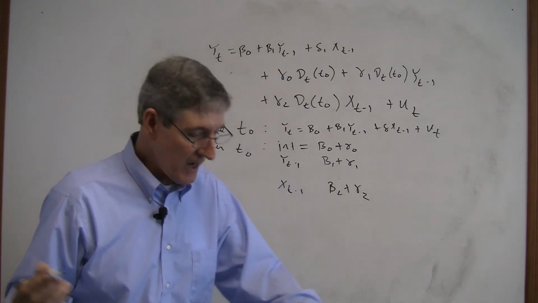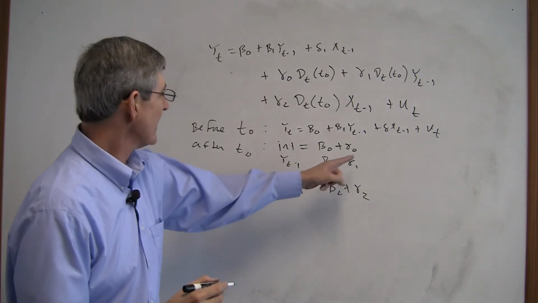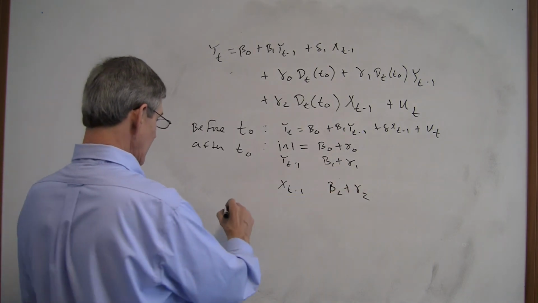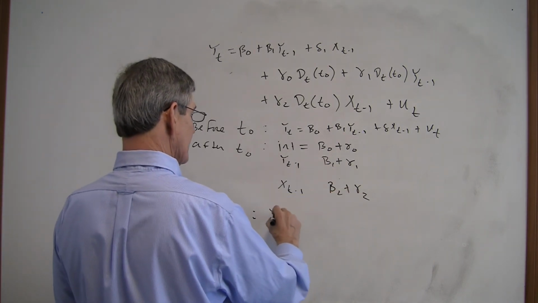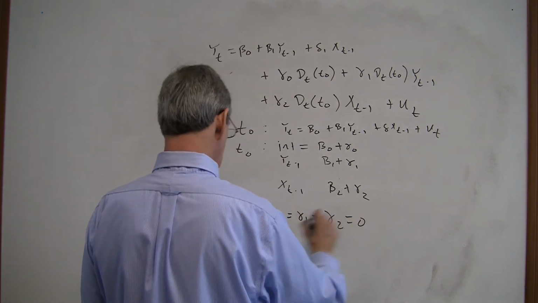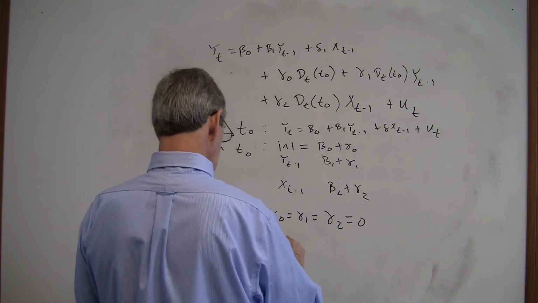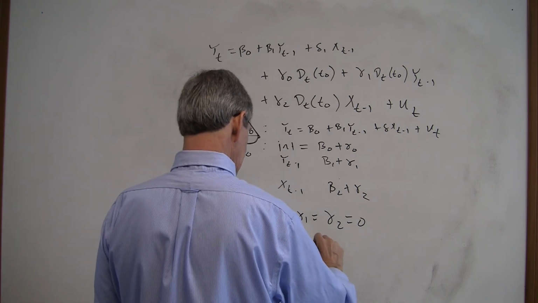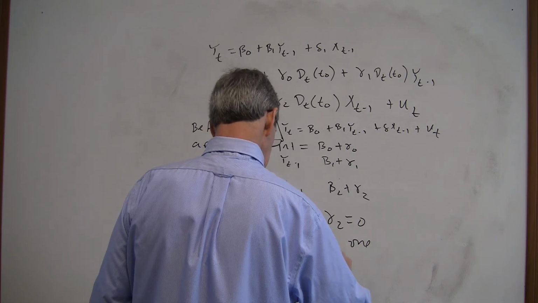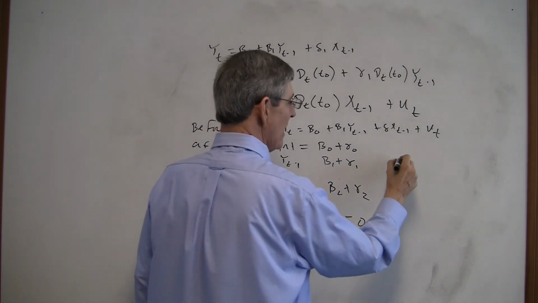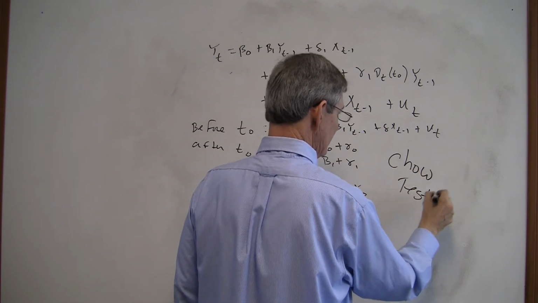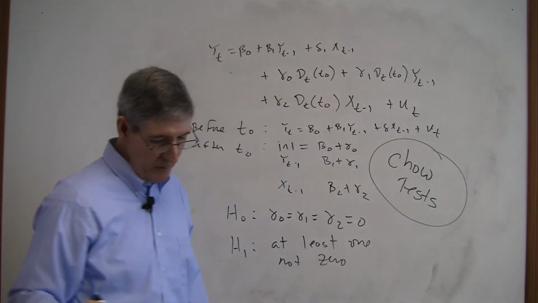So the test is just whether gamma 0, gamma 1, and gamma 2 are 0. You would do an F test of gamma 0 equals gamma 1 equals gamma 2 equals 0 versus at least 1 not 0. These are called Chow tests, and they're for known breakpoints.